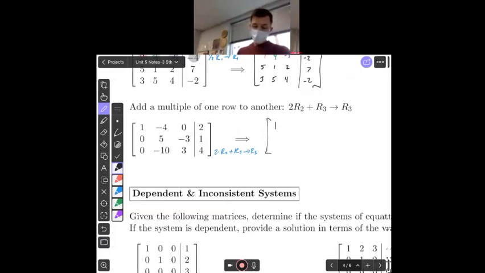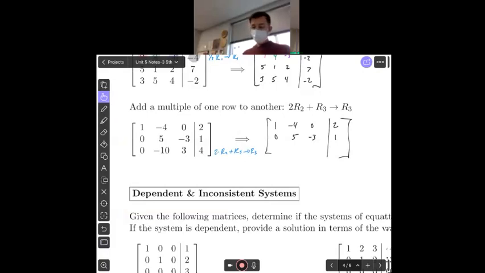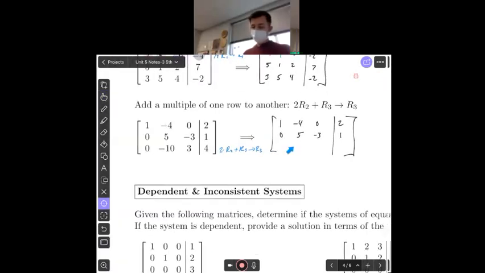So I'm going to bring row 1 over: 1, -4, 0, 2. And bring row 2 over: 0, 5, -3, 1. This way, the only spot I have left is row 3, and I'm not accidentally going to mess with row 2.